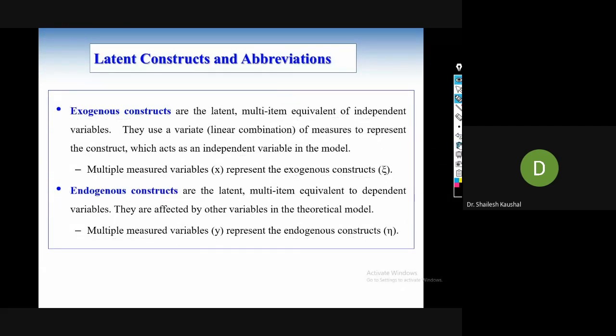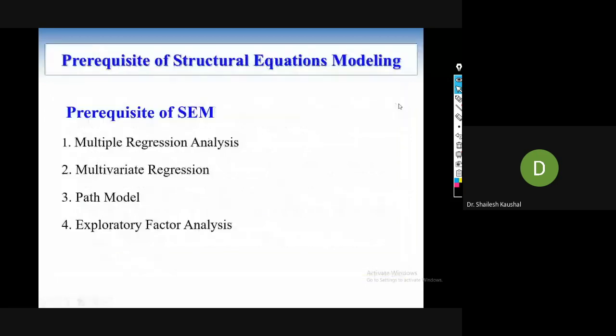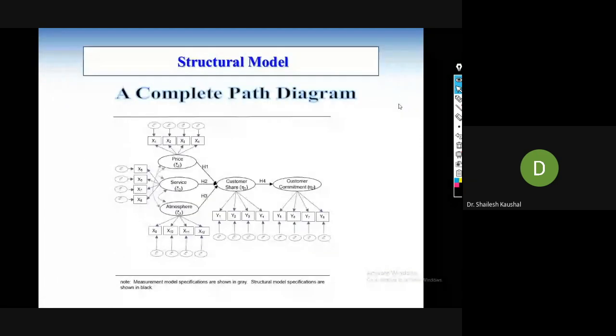In our complete path model that I showed you earlier, you can see there are two types of construct. The y1, y2, y3 are eta 1 and eta 2, both endogenous constructs. And xi 1, xi 2 are combinations of independent variables.